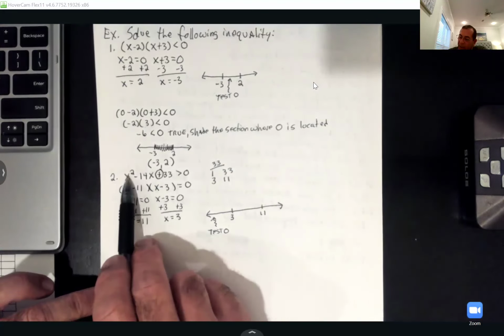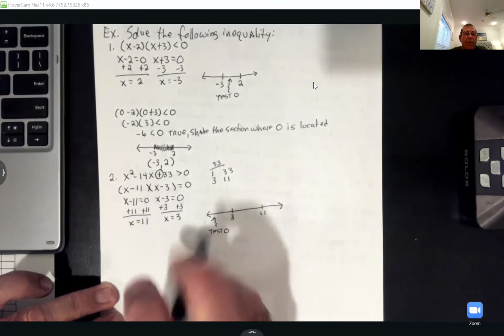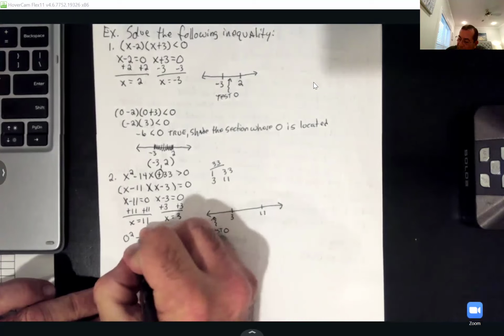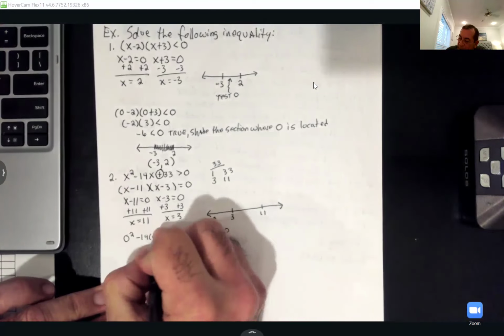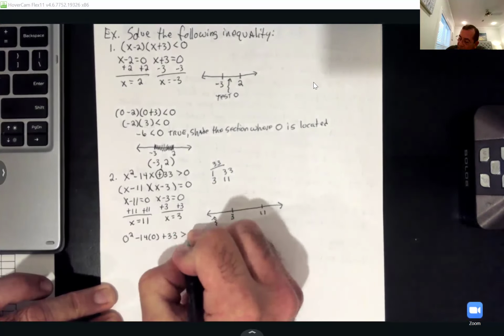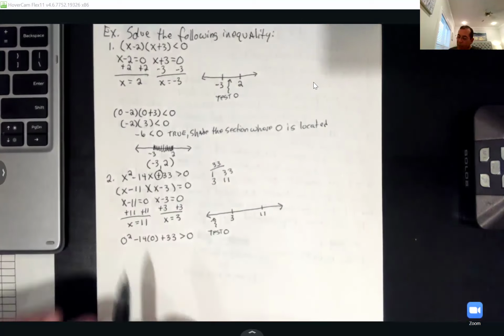Hey, also remember what I'm going to do. Take this original polynomial and see if this is true for that 0. So that's going to give me 0 squared minus 14 times 0 plus 33 has to be greater than 0. And y'all see why I like zeros?